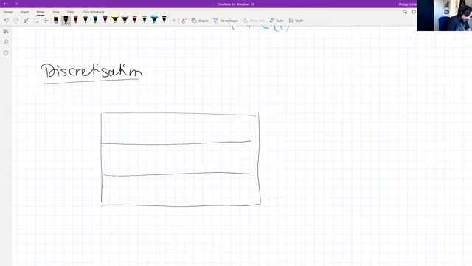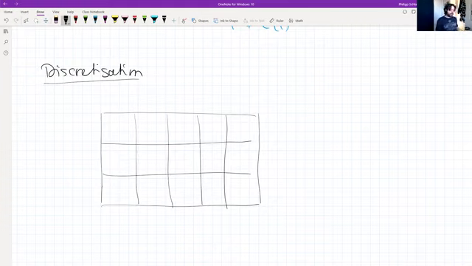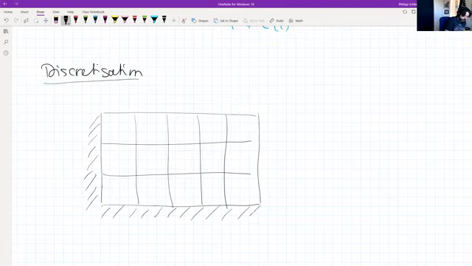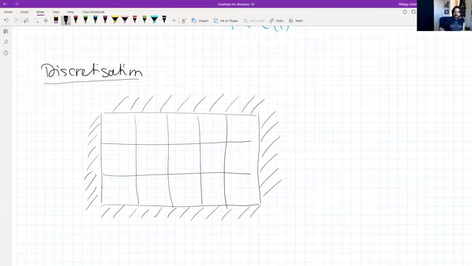So that we have 3 cells in the vertical direction, and I try to get 5 cells in the streamwise direction. So this would now be our domain. So the walls or the boundaries are like this, and then this is my interior.